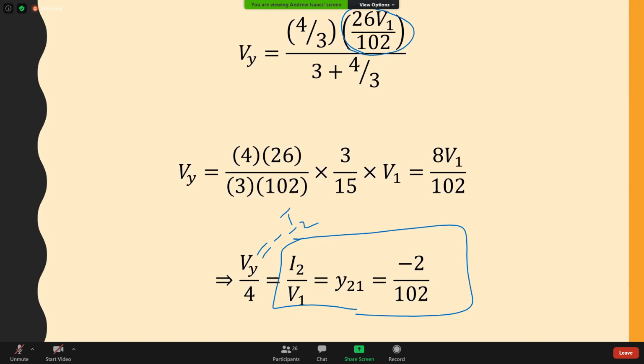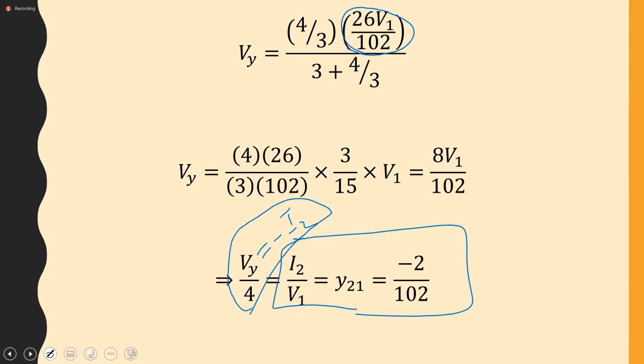So Vy over 4 is equal to minus I2. Which means that 8 V1 over 102 times 1 over 4 is equal to minus I2, which implies that I2 over V1, which is Y21, is minus 2 over 102.